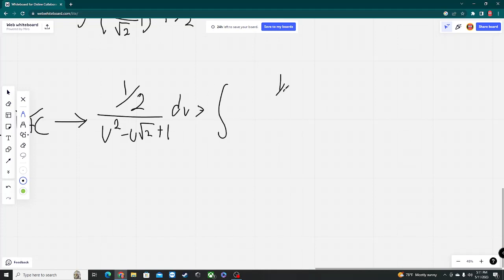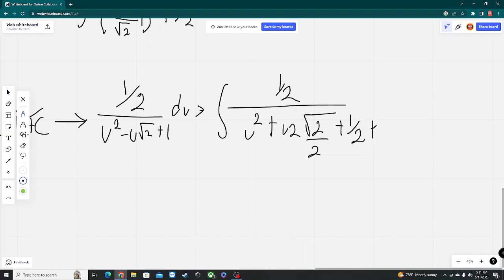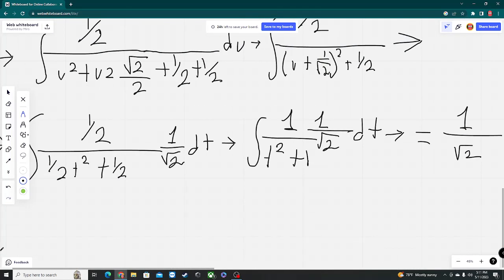And now we have our 1 over 2 u squared plus u 2 square root 2 over 2 plus our 1/2. And now it's in terms of du and not dt. Alright.